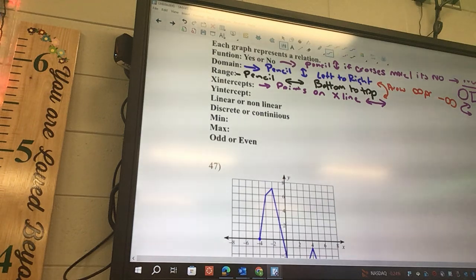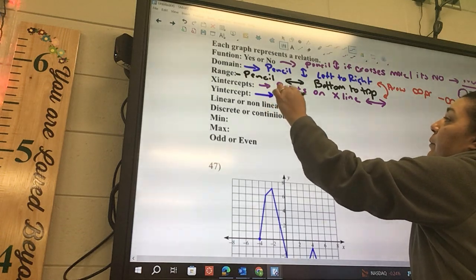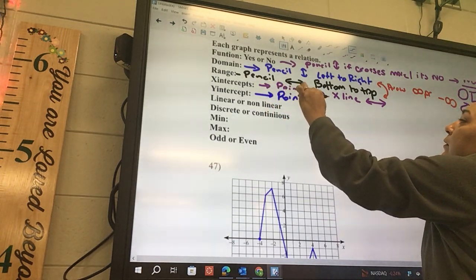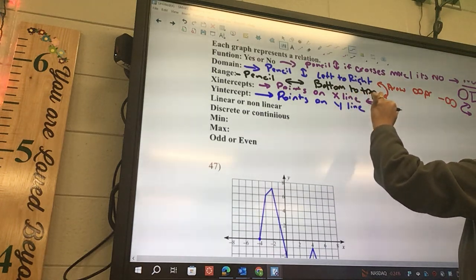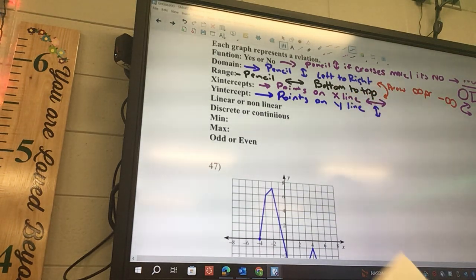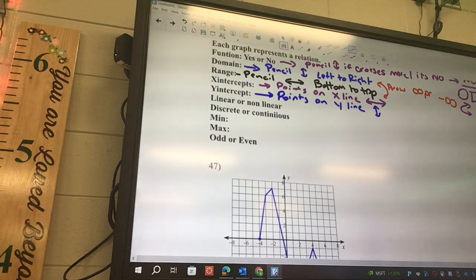Okay. The y-intercept is what? Points that cross the y line. Yeah, it's where it crosses the y line. So points on the y line, which is the up and down line. Okay, so this one crosses at like negative 2. Alright, it crosses the y line at like negative 2.